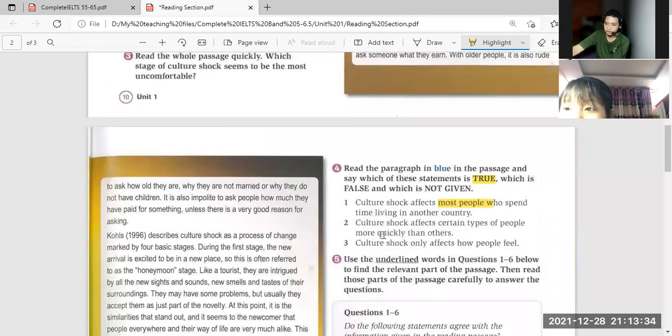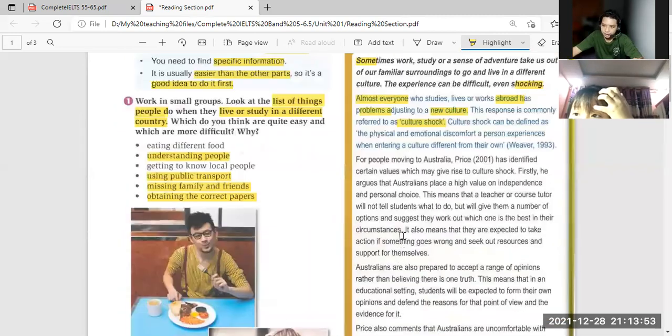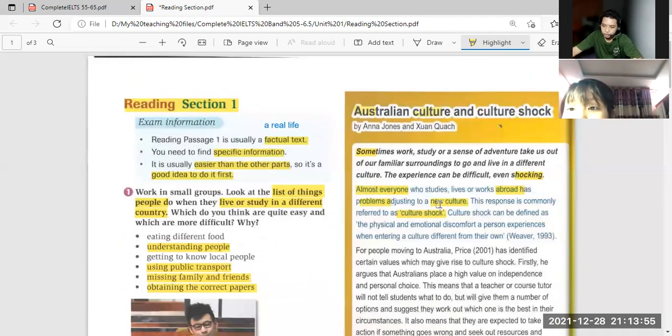Nice, very good. Number 2, what do you think? Culture shock affects certain types of people more quickly than others. Do you understand that? Yes. Is that true, false, or not given?